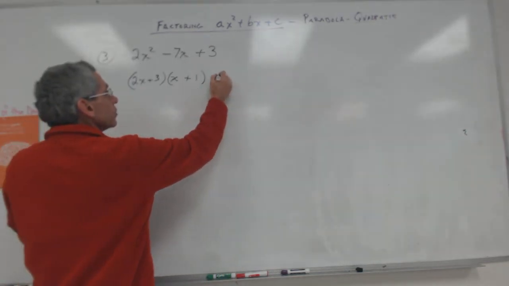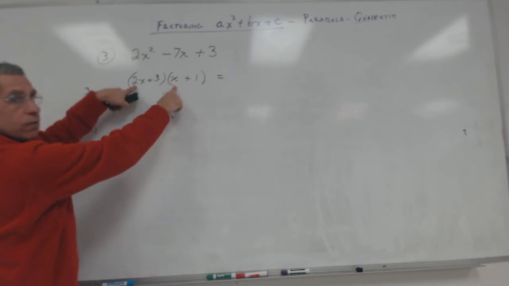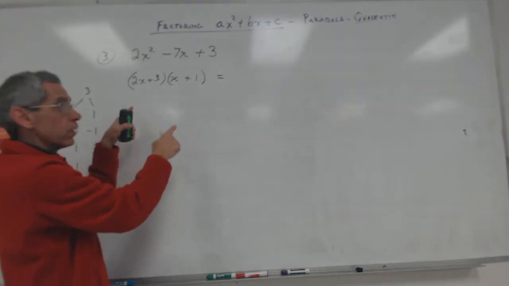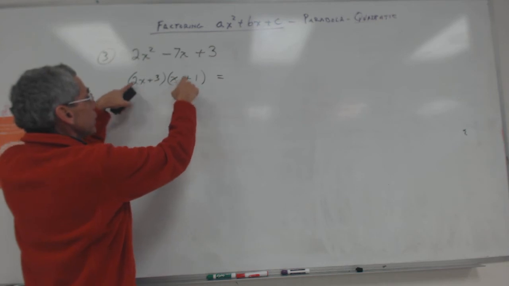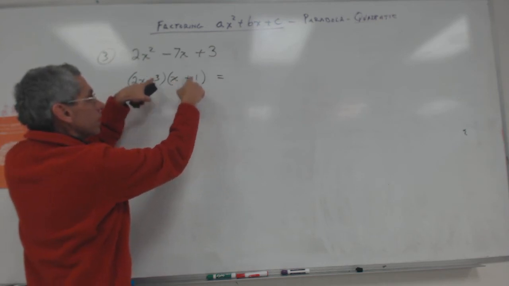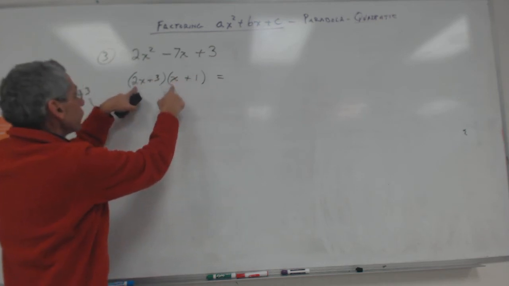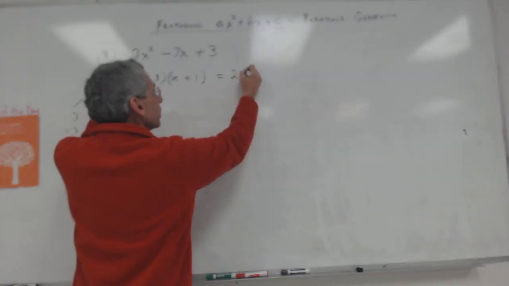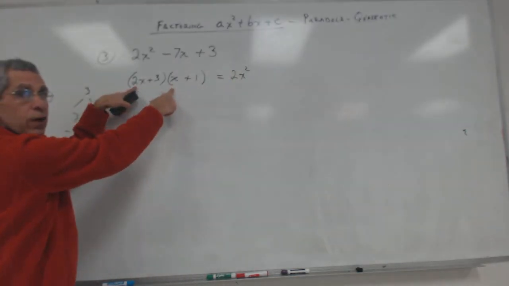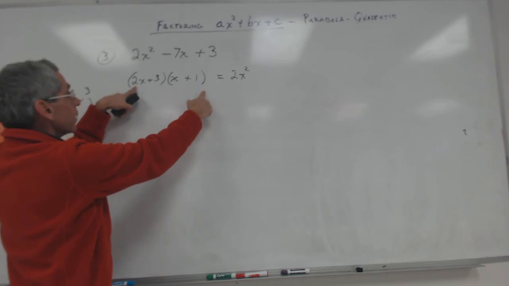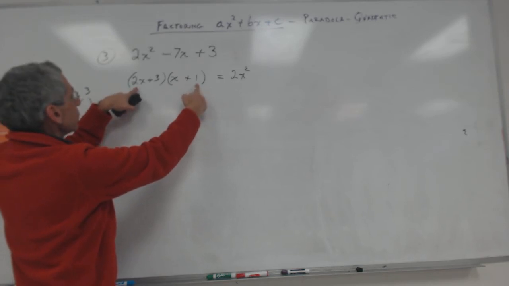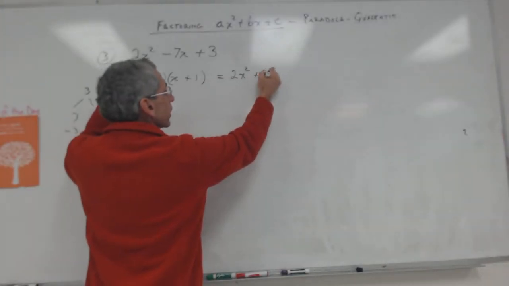Now let's try it. Let's multiply this out. What is first? We're going to use FOIL. Remember FOIL? First, outside, inside, last. So first is 2x squared. Okay, so it's looking good so far. Outside is what? 1 times 2x. 2x.